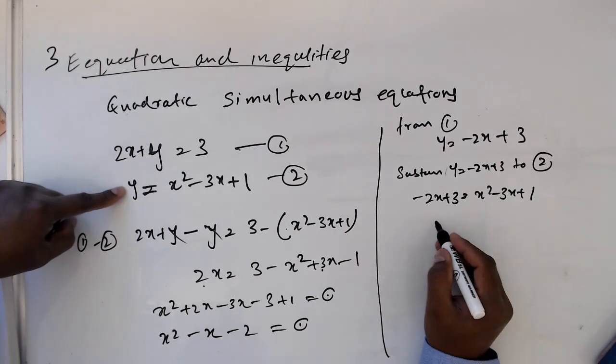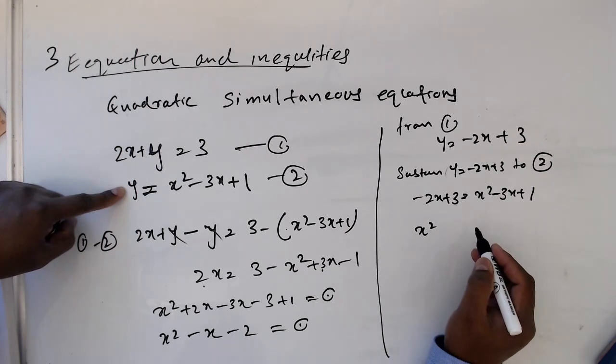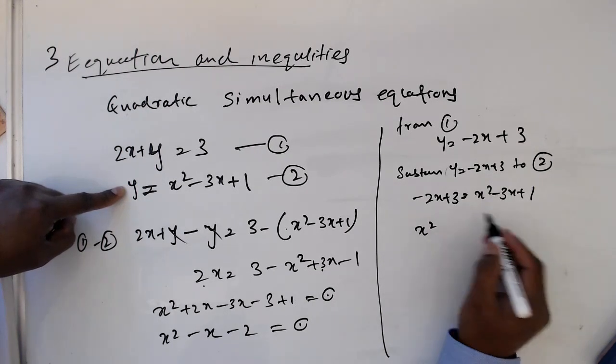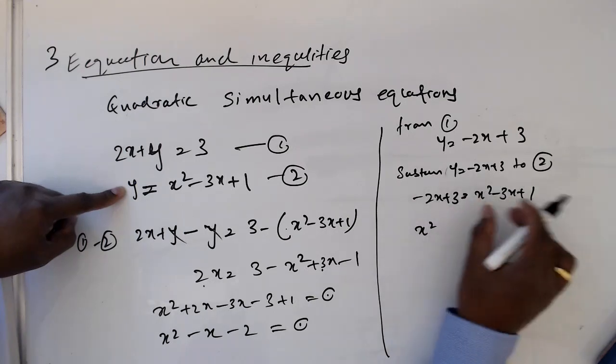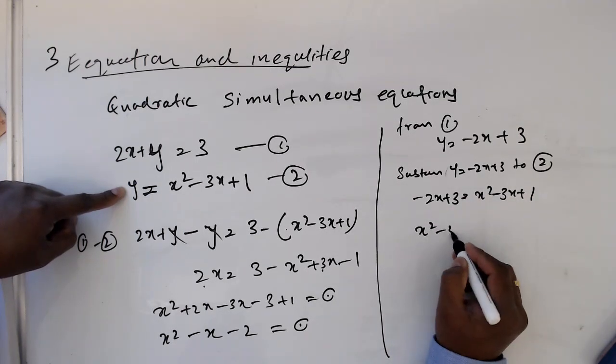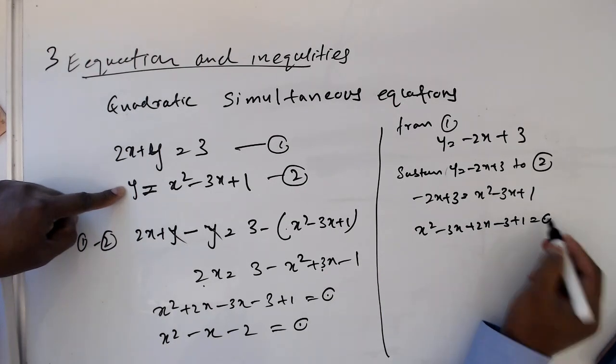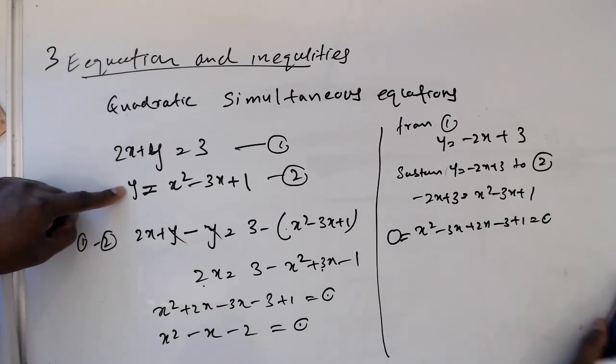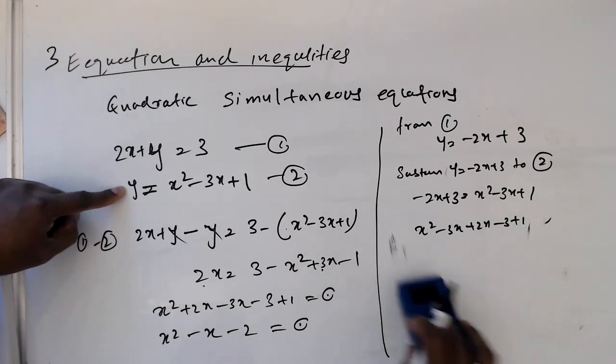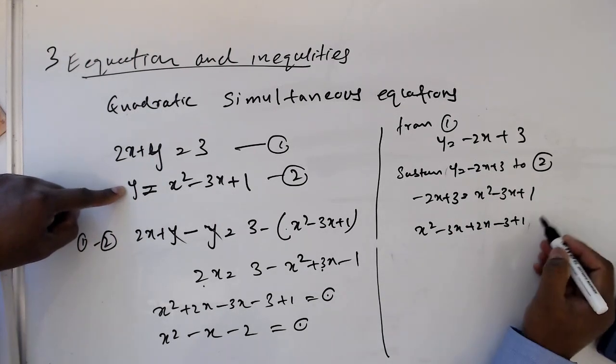Now you can simplify x square. I'll take everything to the other side. x square minus 3x plus 2x minus 3 plus 1 equal, this side is 0.